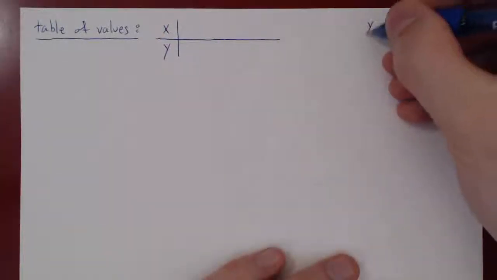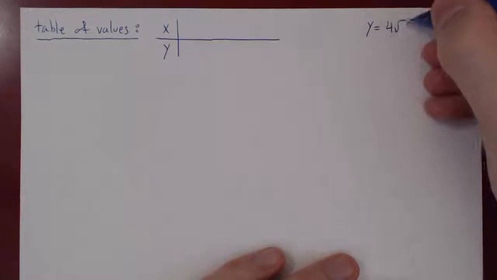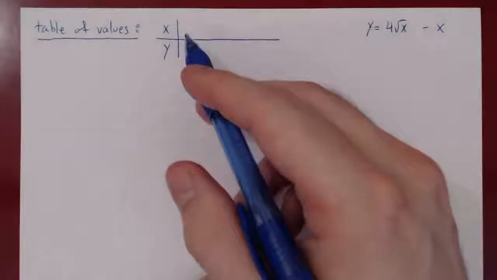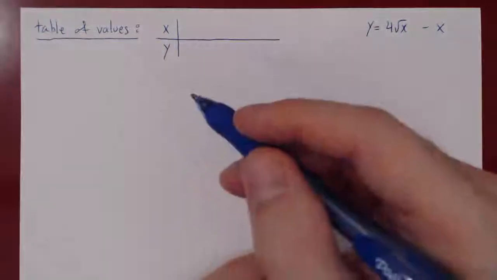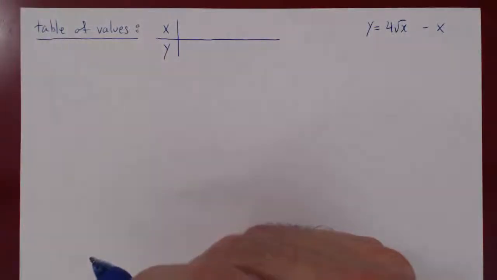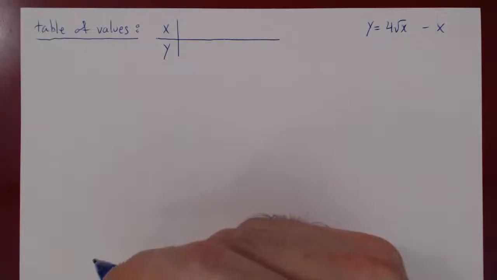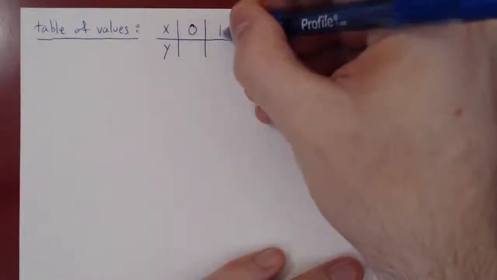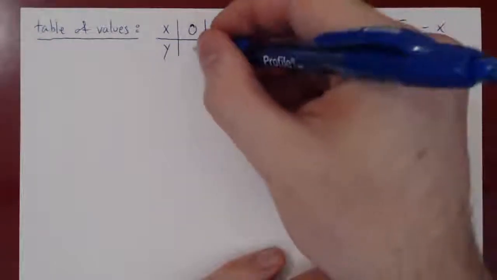Recall that the function y is given by 4 root of x minus x. And we only look initially at the points of interest: the zeros, the y-intercepts, the critical and inflection points. We found 2 zeros when x was 0 and 16. At both of these points, y was 0.